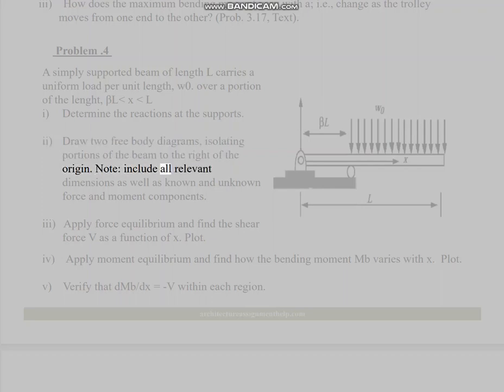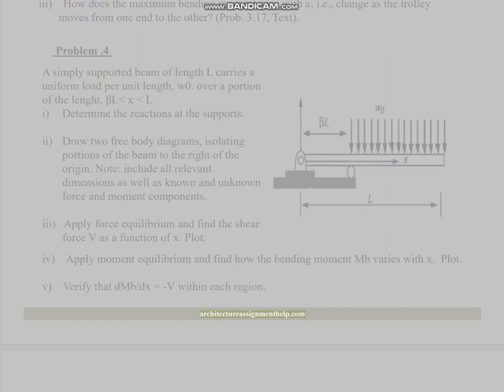Note: include all relevant dimensions as well as known and unknown force and moment components. 3. Apply force equilibrium and find the shear force V as a function of x, plot. 4. Apply moment equilibrium and find how the bending moment MB varies with x, plot. 5. Verify that dMB/dx equals V within each region.